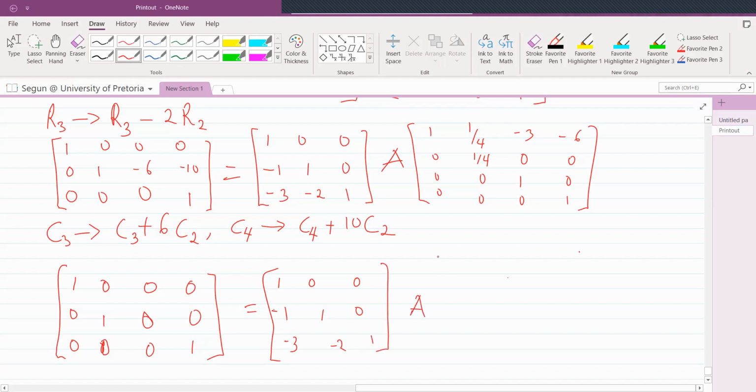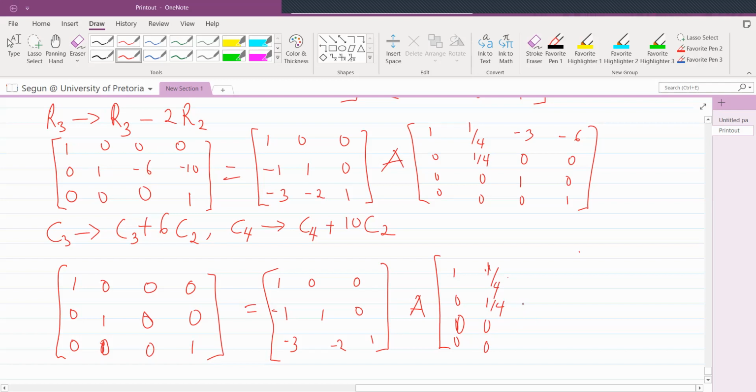In this case, we perform the same column operation. Column 1 will remain as it is. Then column 2 will also follow suit. It will be 1 over 4, 1 over 4, 0, 0.